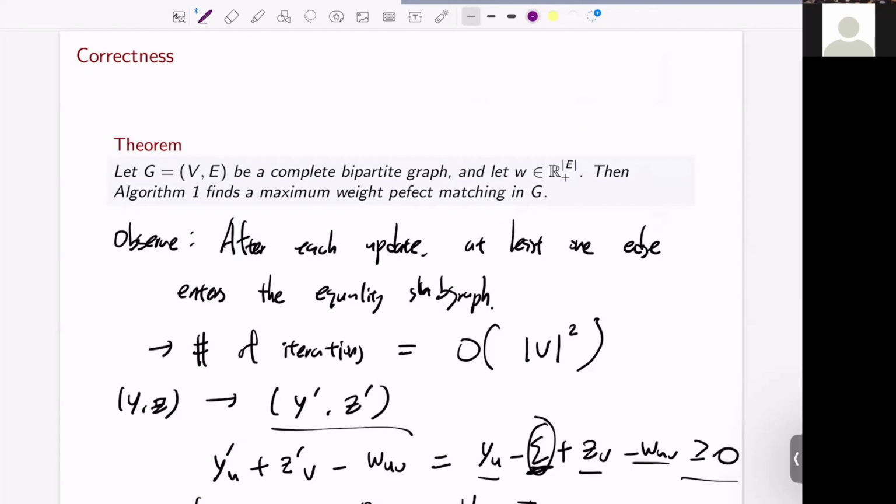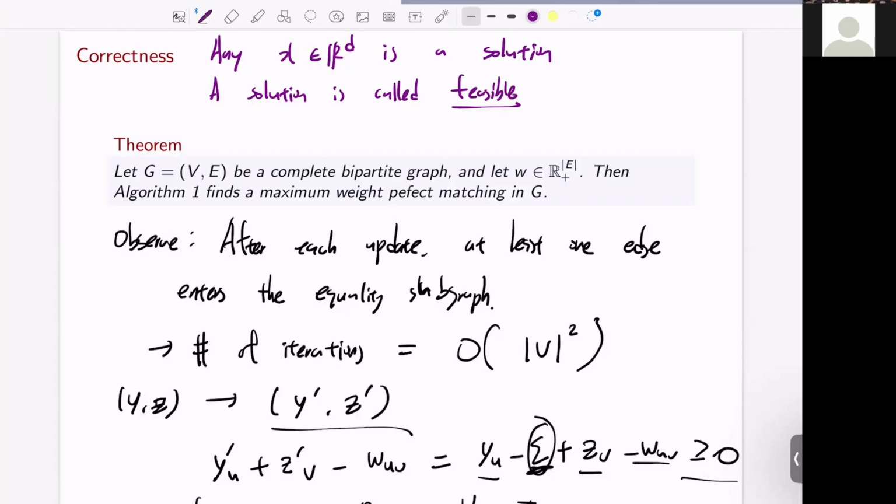Any x in R^d is a solution. It doesn't matter whether this satisfies the constraints or not. A solution is called feasible if it satisfies the constraints.